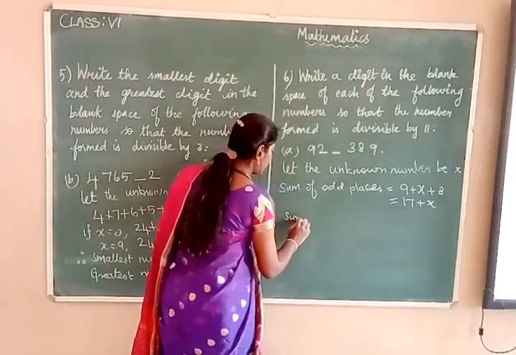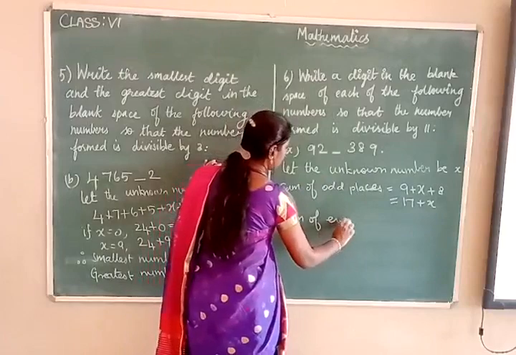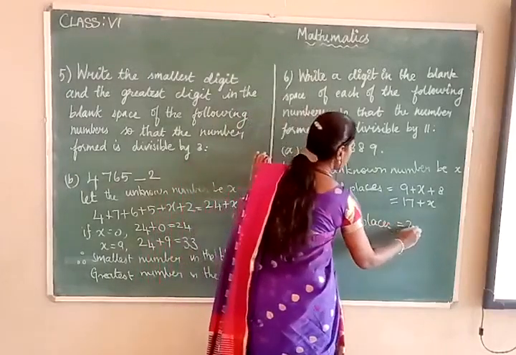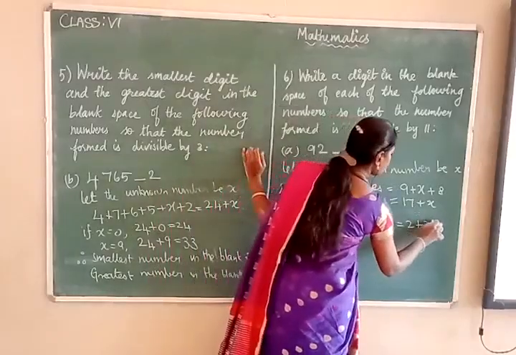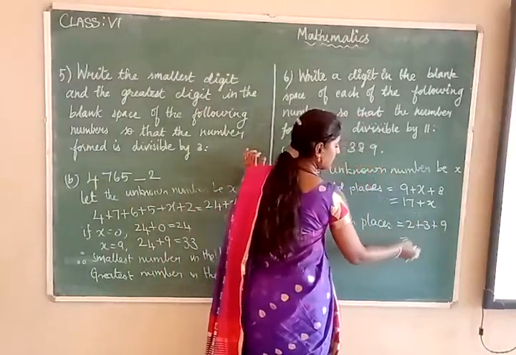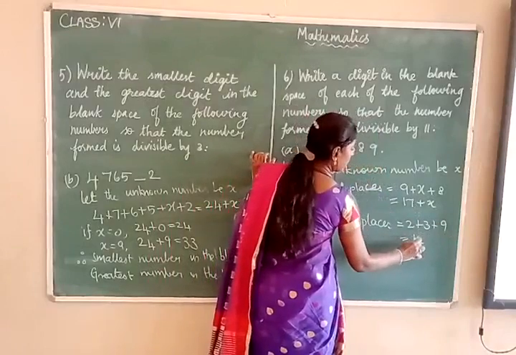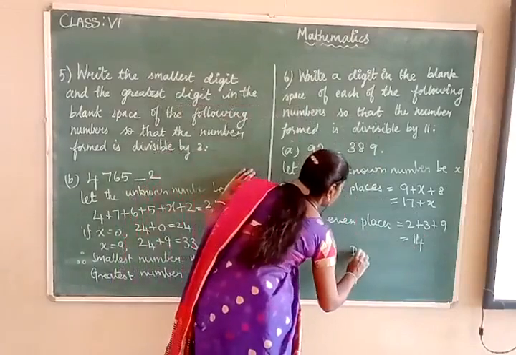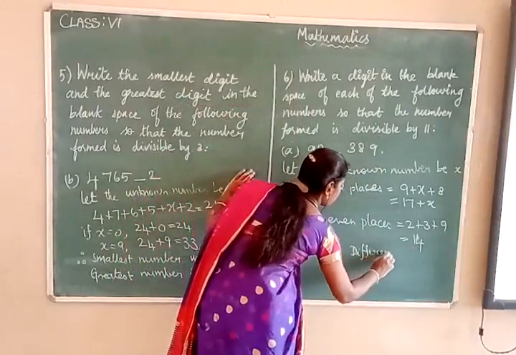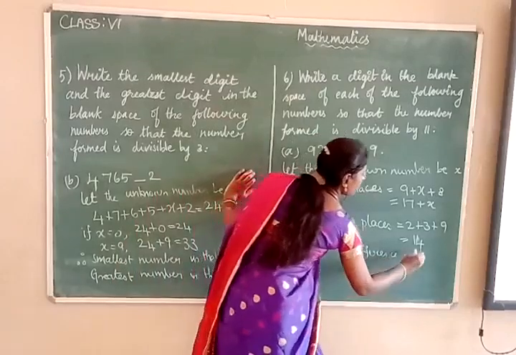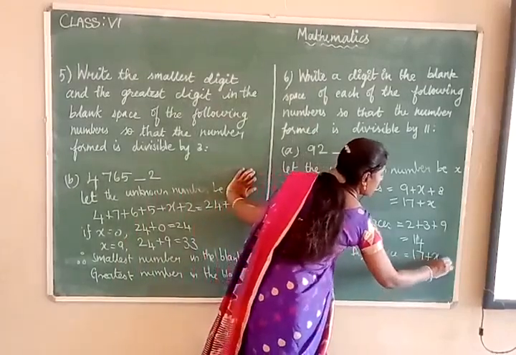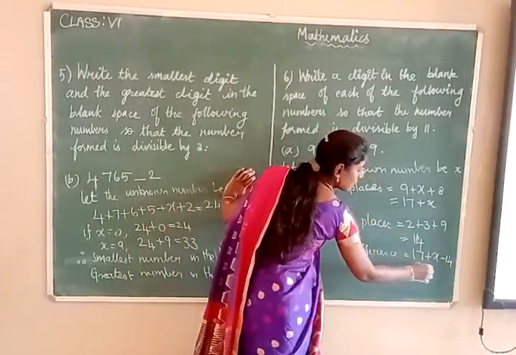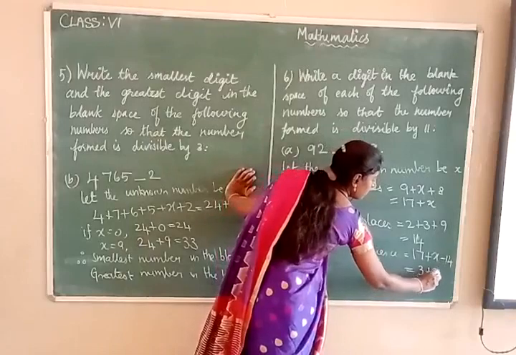Sum of even places, that is 2 plus 3 plus 9, that is 5 plus 9, it is 14. So now difference is how much? 17 plus x minus 14. Don't consider this x, leave it as it is. 17 minus 14 is how much? 3. So 3 plus x.